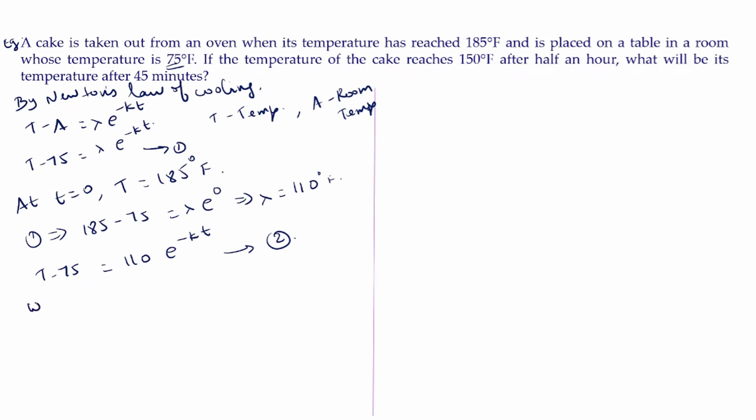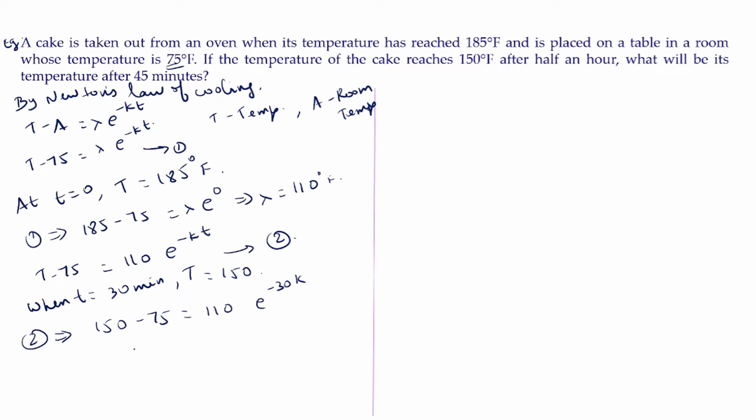So, when t equal to 30 minutes, the temperature is 150. From this, if we substitute in equation 2, we have 150 minus 75 equal to 110 into e raised to minus 30k.